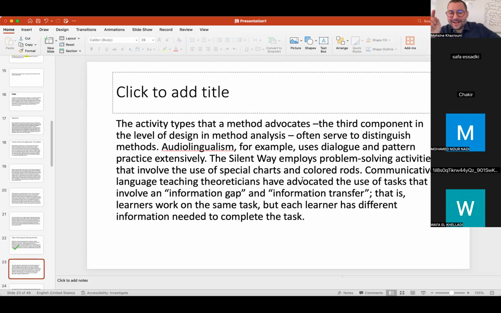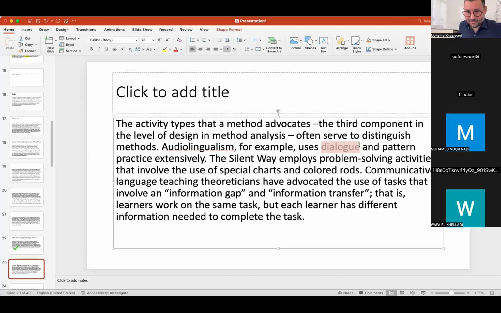Sorry to interrupt you, Safa. If you remember, all of you, some of you said that a dialogue can be a good, effective way in developing the communication skills of learners. I said that a dialogue can be used in audiolingual method as well as in communicative language teaching. So you can use the same task, but depending on your objective.